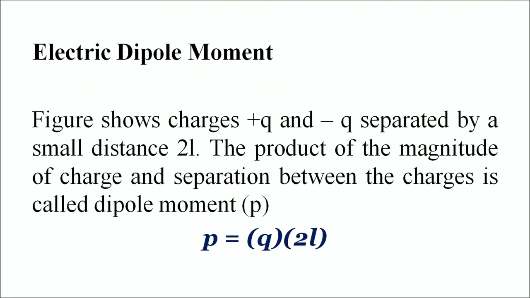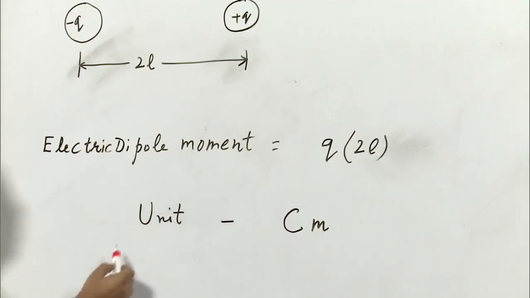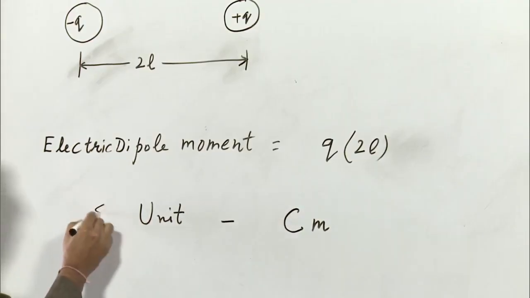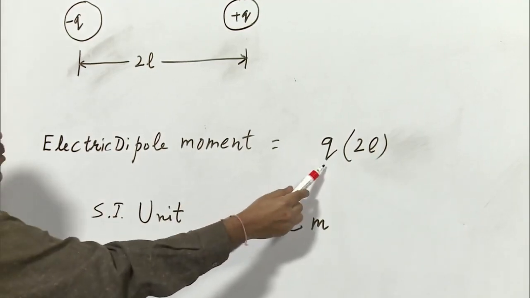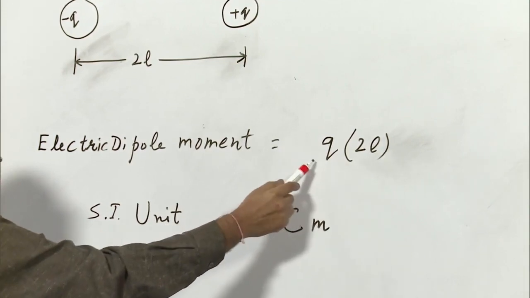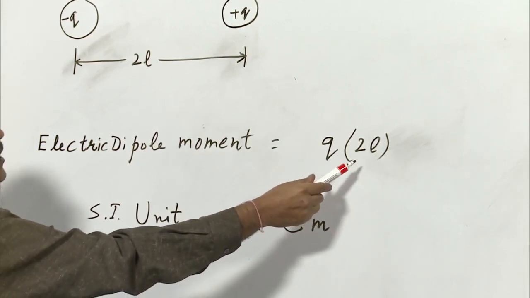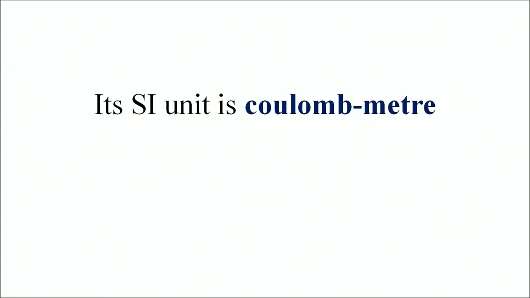Electric dipole moment will be equal to either charge into the distance between them. So, it will be q into 2L. Now, SI unit of the dipole moment will be the unit of q into unit of 2L. Q is measured in coulomb and 2L is measured in meters. So, SI unit will be coulomb meter.